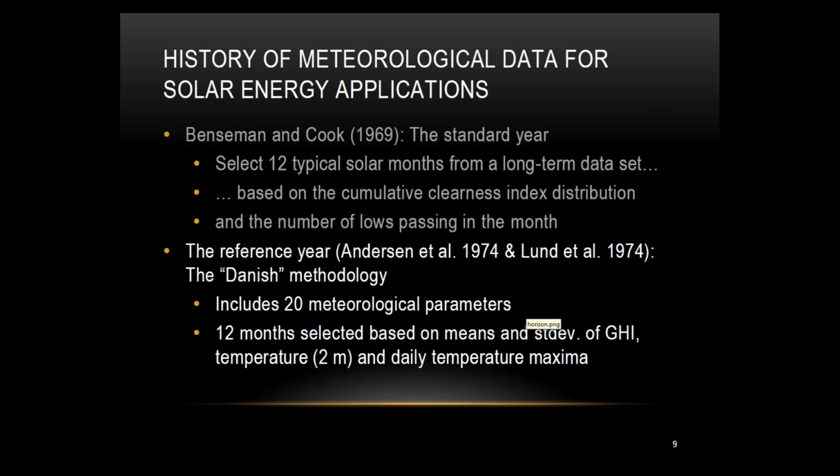And they base their selection of the 12 monthly data on the averages and standard deviations of global horizontal irradiance, DHI, 2-meter temperature, and daily temperature maxima. So this was used mainly for solar heating and for buildings, and that's why they chose the months in this way.